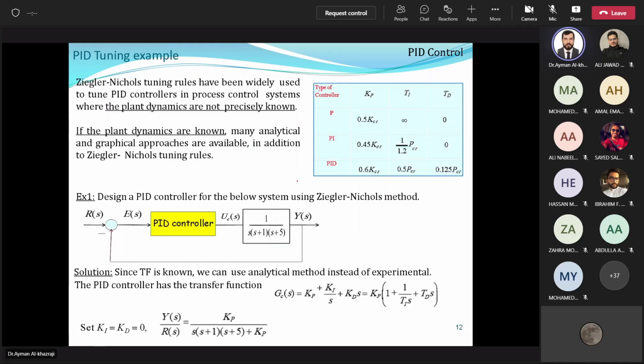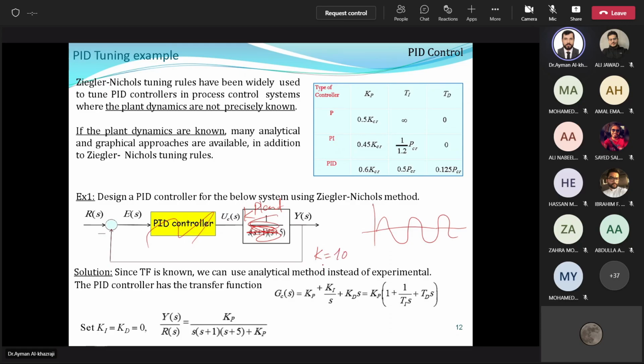I will tell you for an unknown system. Suppose this is unknown. For an unknown plant, it has been found that when we are changing K, I will put here only K, remove this, we find this response when K equals 10, suppose.